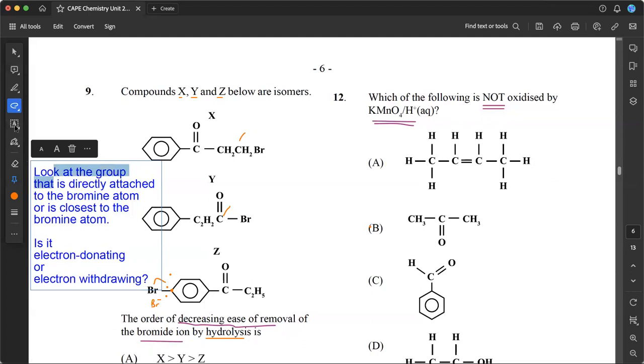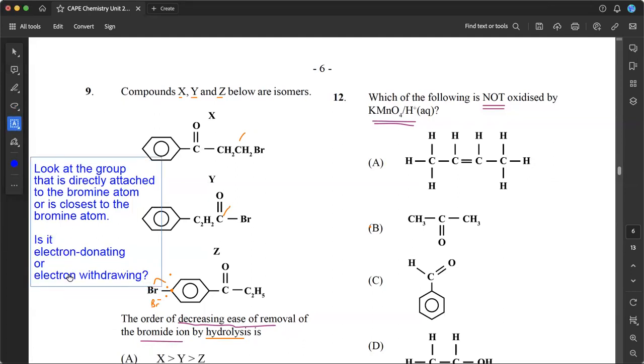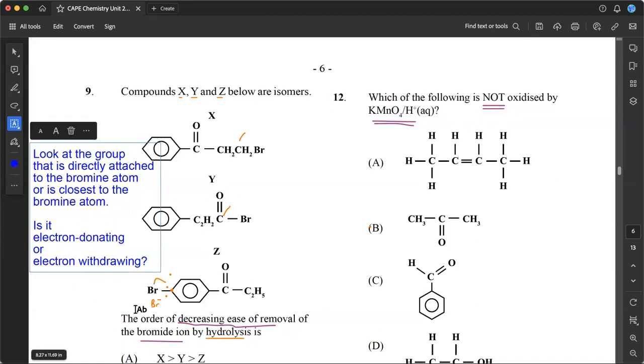So what we need to figure out then is in which of these cases, right, is the carbon positive or most positive so that the bromine can take all the electrons onto itself, right? Because that's the case in which the bromine would take all the electrons onto itself. So let's start up here, right? If we look at this carbon here, that's what the bromine is bonded to.